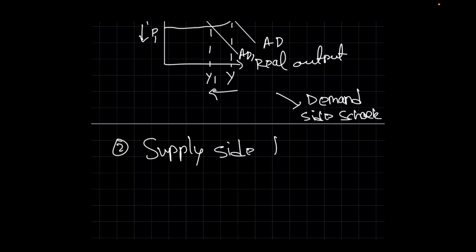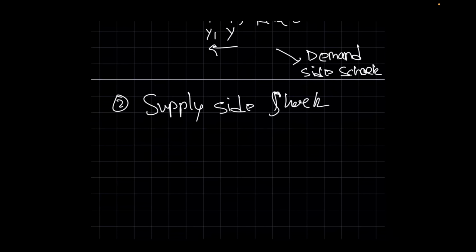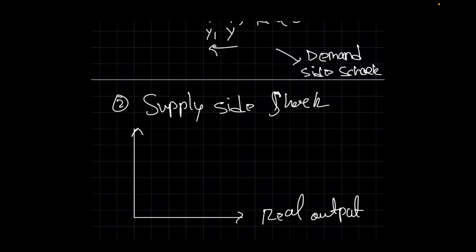For the supply side shock, you have an indication of the aggregate supply decreasing. So here again you have real output and price level, which you want to label before you begin drawing.